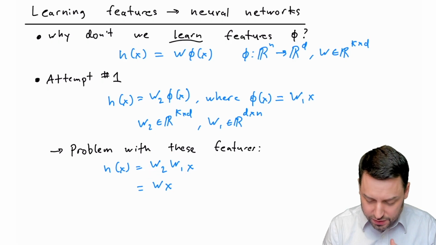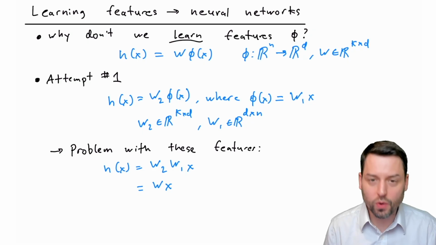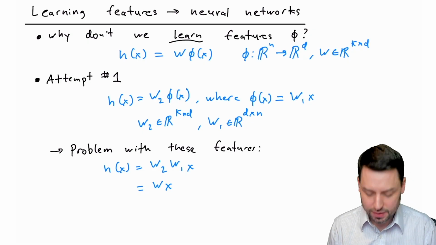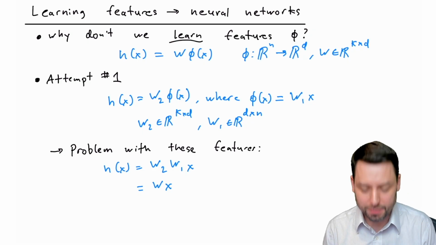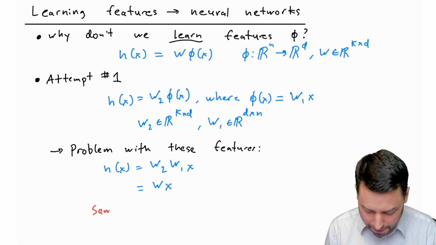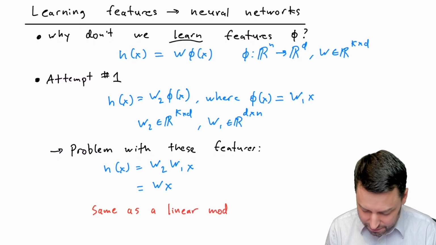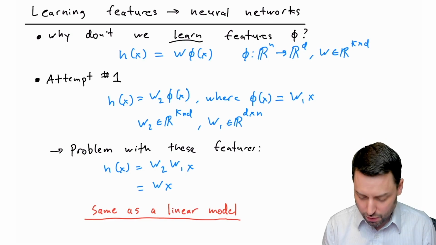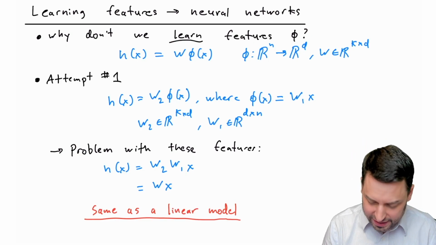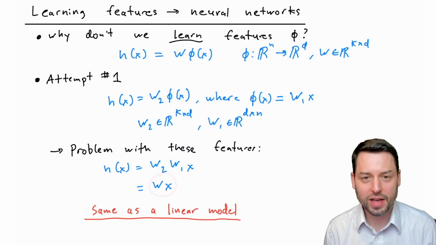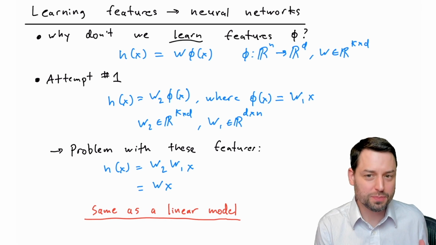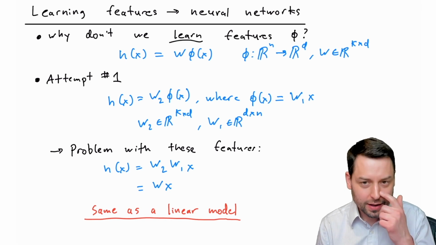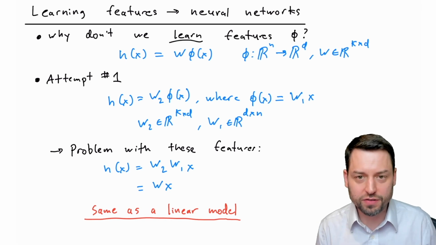So in other words, we've gone through all this work, but we've wound up with something which is just the same as a linear model. We haven't gotten any more expressivity out of this particular choice of features.